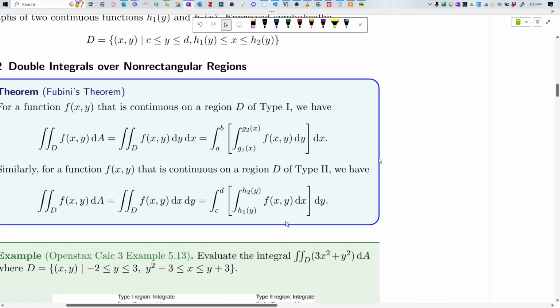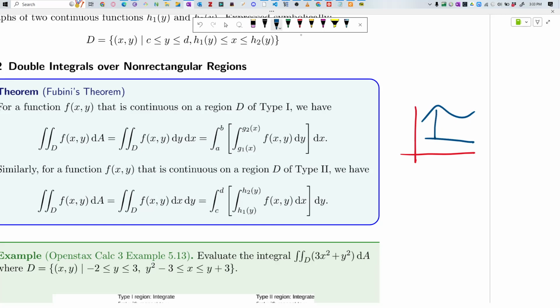I suppose I could just actually draw this off to the side here. For a region of type 1, it would be something like integrating by sweeping over in this manner.